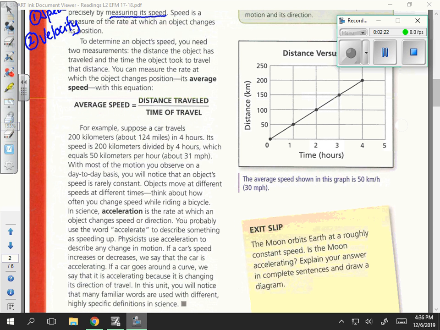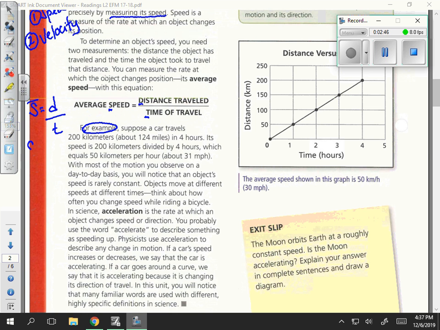So in this paragraph, we're going to summarize two things. We're going to summarize the equation for average speed, which is the speed with the little line on top, which tells you that it's the average, with the distance the object traveled divided by the time of travel. And an example we have is this one to our right.